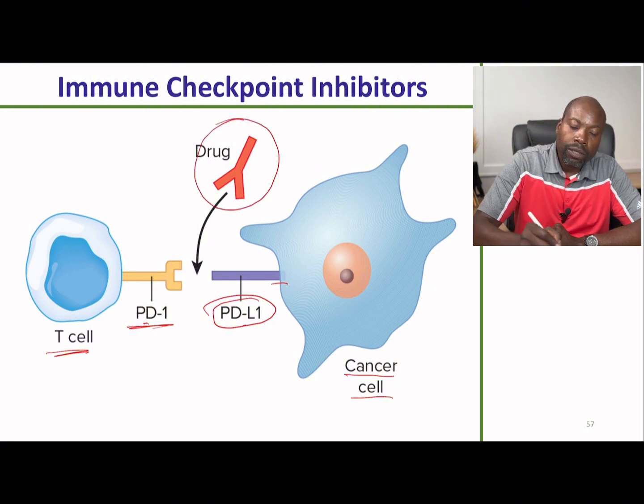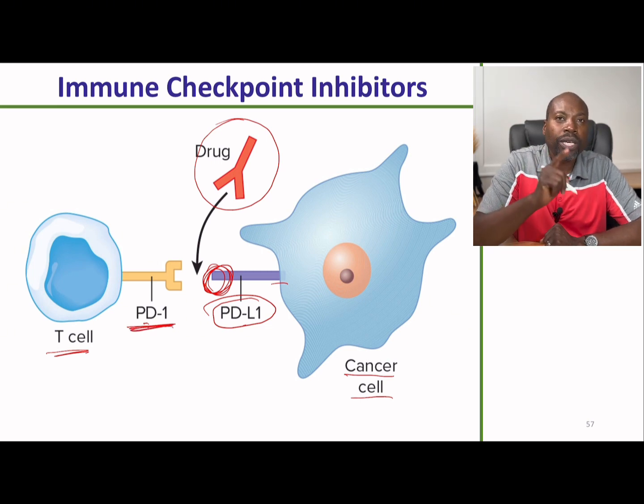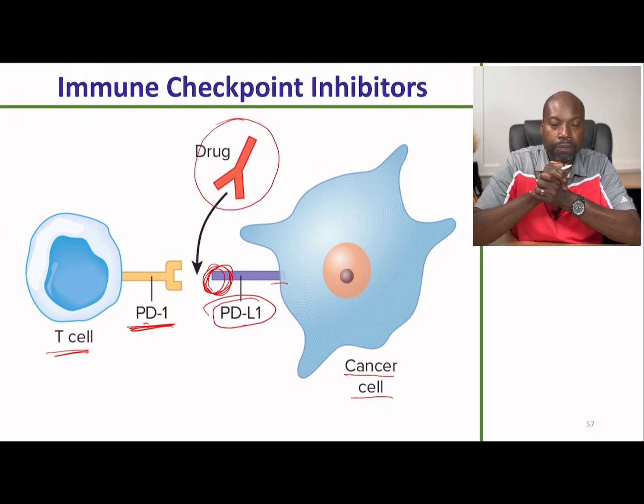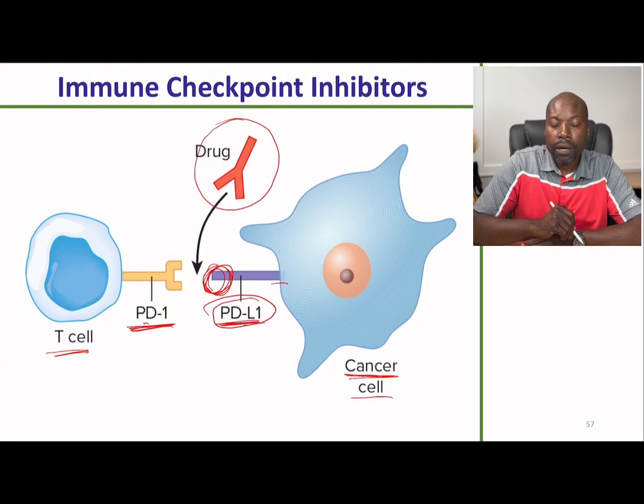But with the antibody coming, the antibody comes and binds on here. By binding on the PD-L1, now the PD-1 is not going to be able to attach to this cancer cell, okay? And by not being able to attach to a cancer cell, now this cancer cell is not going to undergo multiplication anymore.